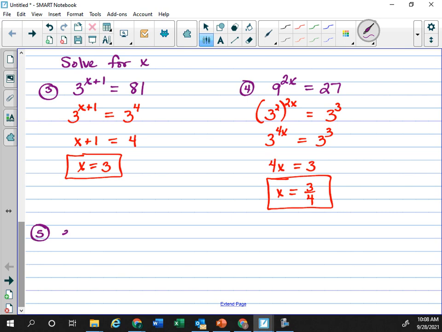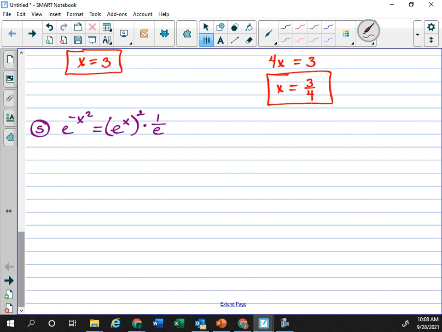Let's do e to the negative x squared equals, what do I want to do? E to the x quantity squared times 1 over e. Do you guys remember seeing e last year?